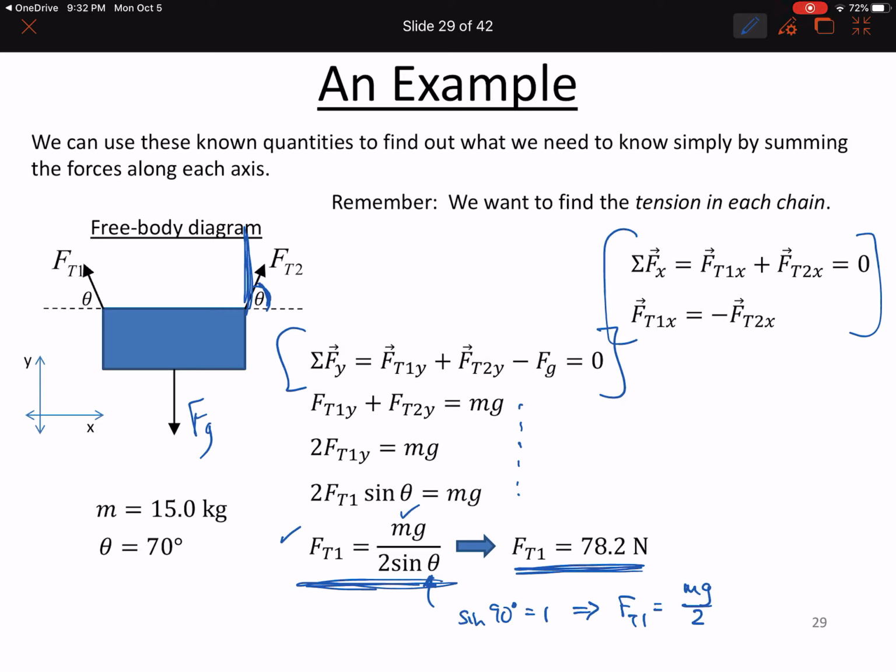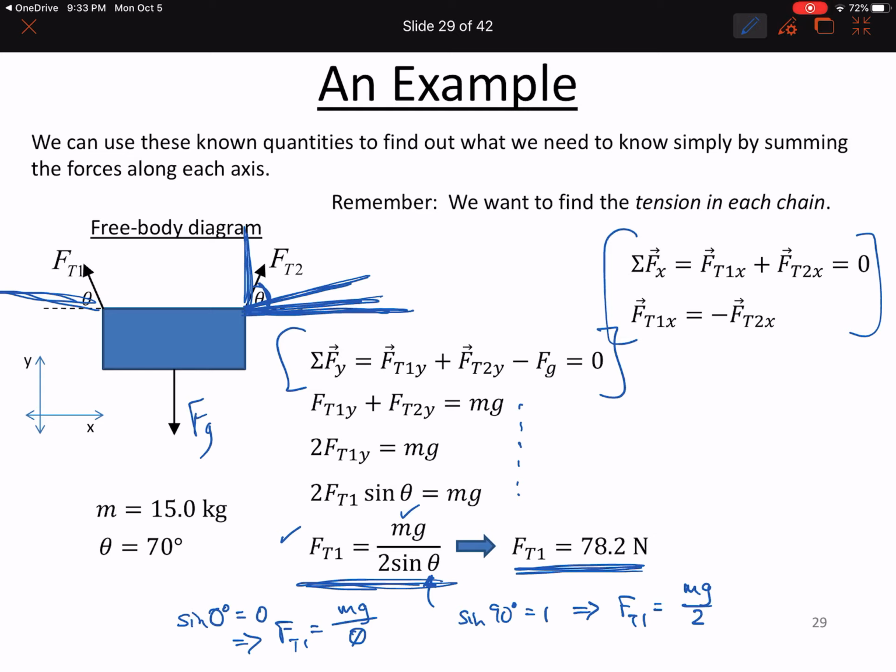And so you would have a tension that would be mg over basically nothing if you actually tried to make the chains horizontal. The required tension in the chains at that point, if you wanted an actually horizontal chain to do the job, would have to be infinite to make the sign not fall to the ground.